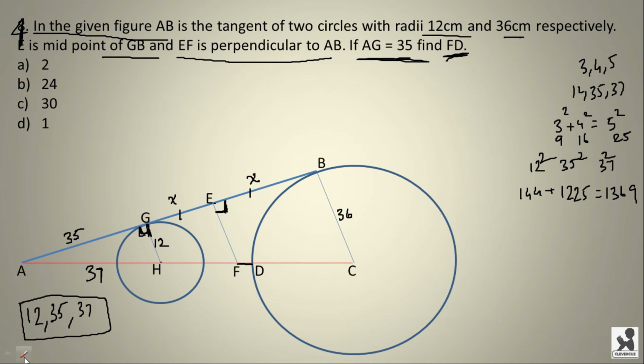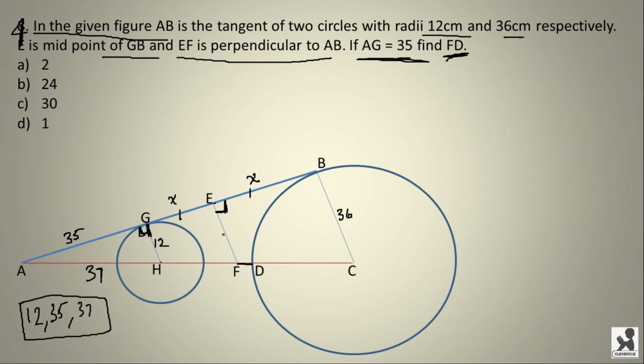Now let us apply similarity of triangles. If we find the length of FC we can find FD. So first let us find the length of X. Consider the triangles AGH and ABC.